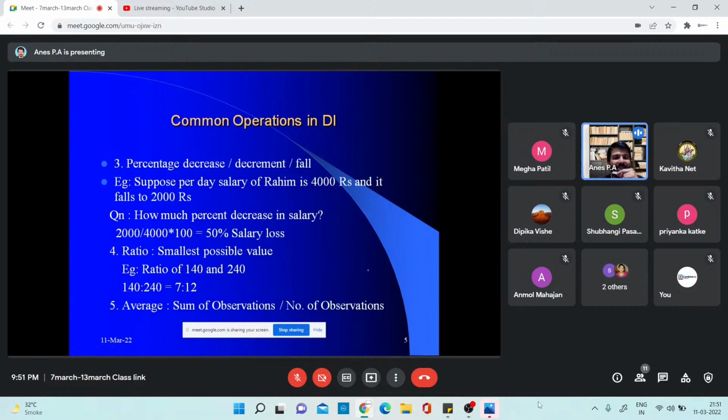Next point is percentage decrease, or decrement, or fall. In this case the opposite of the second case occurs. Suppose the per day salary of Rahim is 4000 rupees and it falls to 2000 rupees.